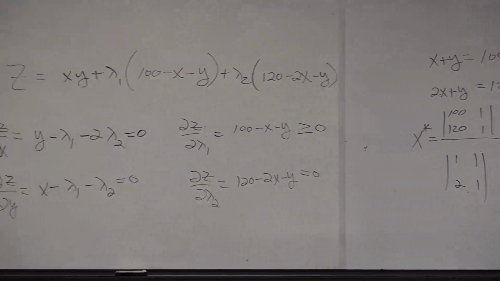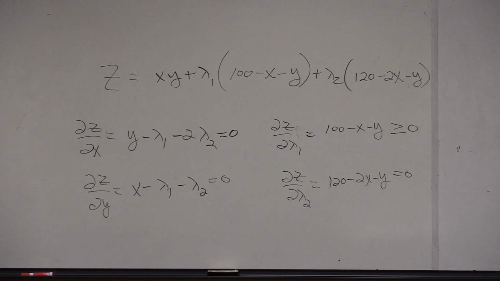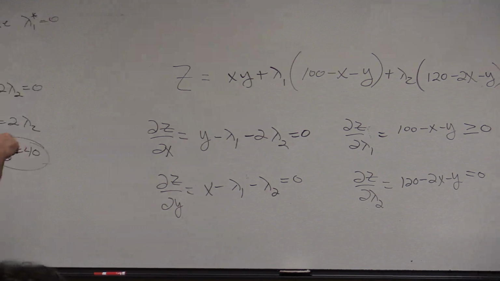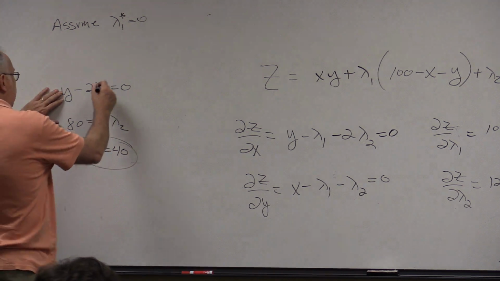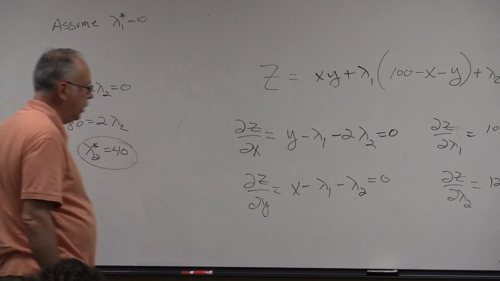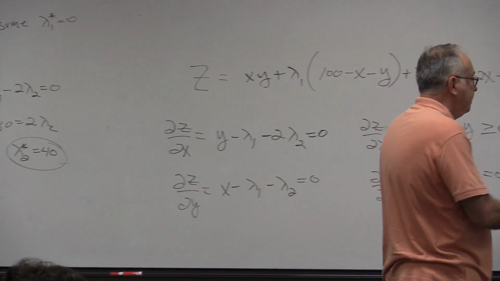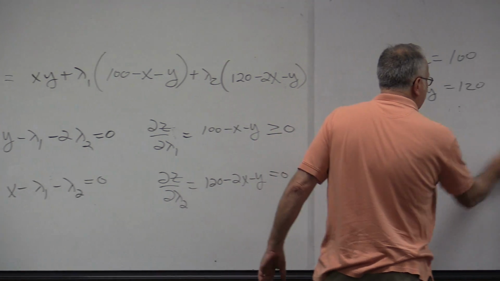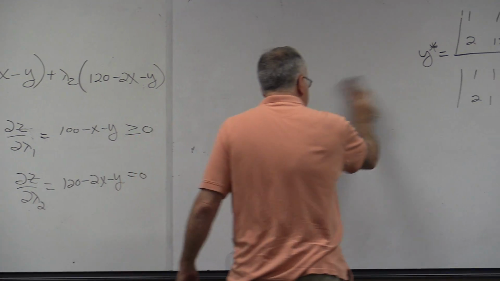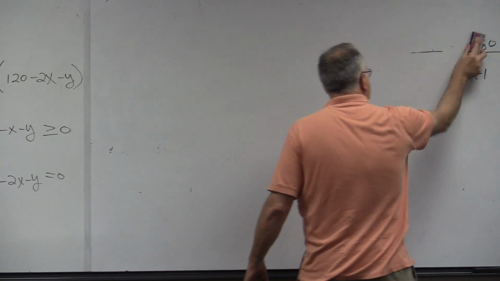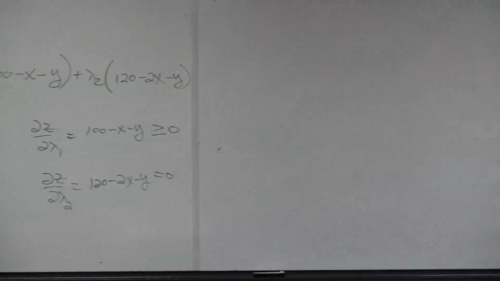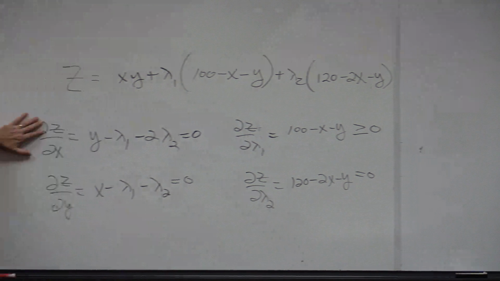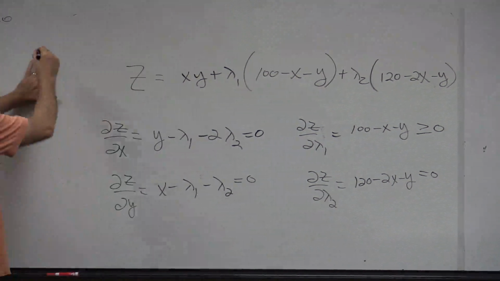Okay, wait a second. Oh, our y star, what was our y star value? I'm sorry, I went through this too quickly. If we assume lambda 1 is 0, then this y star is equal to 2 lambda 2.